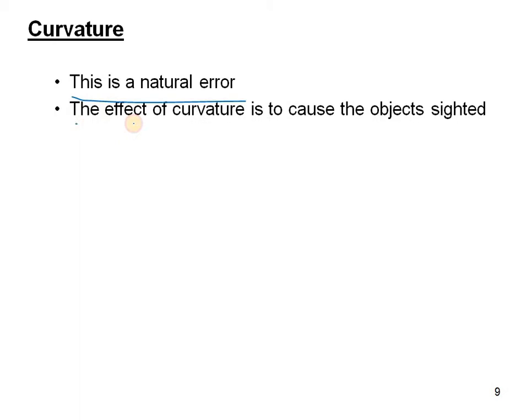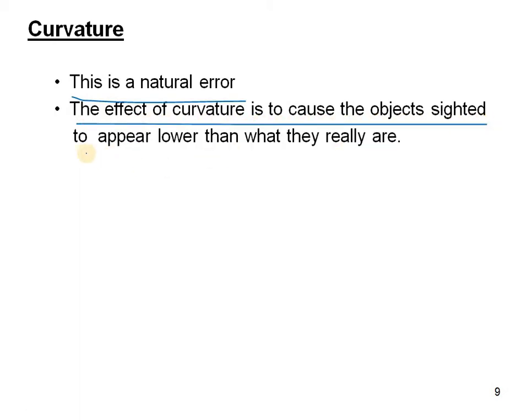The effect of curvature is to cause the objects sighted to appear lower than what they really are. So the effect of curvature will cause the objects we sight to appear lower than what they really are.